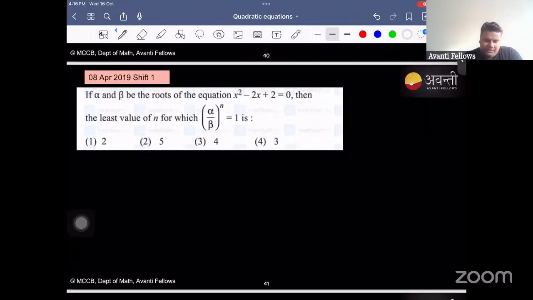Alpha and beta be the roots of this equation, then the least value of n for which alpha upon beta to the power n is 1.